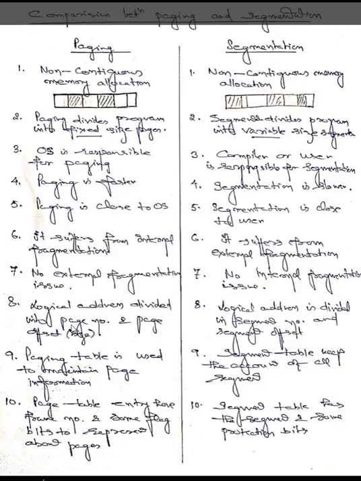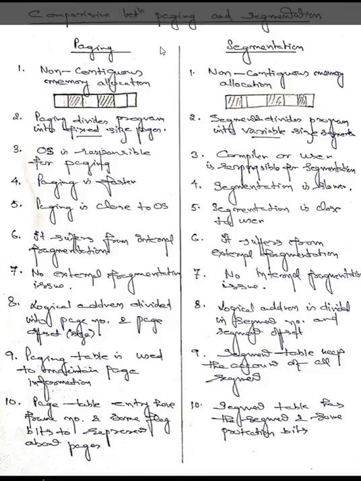The logical address is divided into page number and page offset in the case of paging, because of the secondary memory structure. In segmentation, the logical address is divided into segment number and segment offset. Here it is page number and page offset; here it is segment number and segment offset. Now the page table is used to maintain page information.